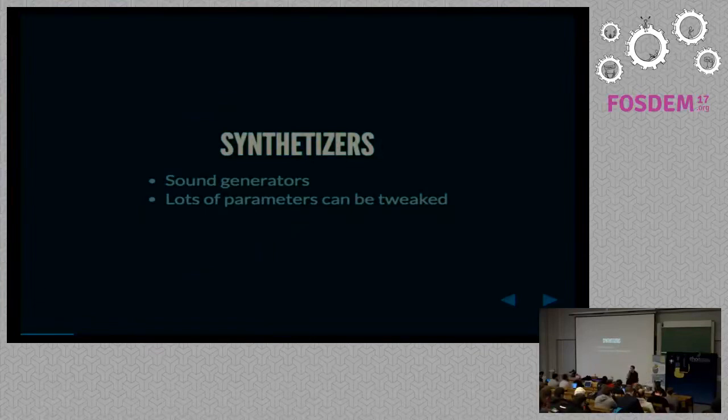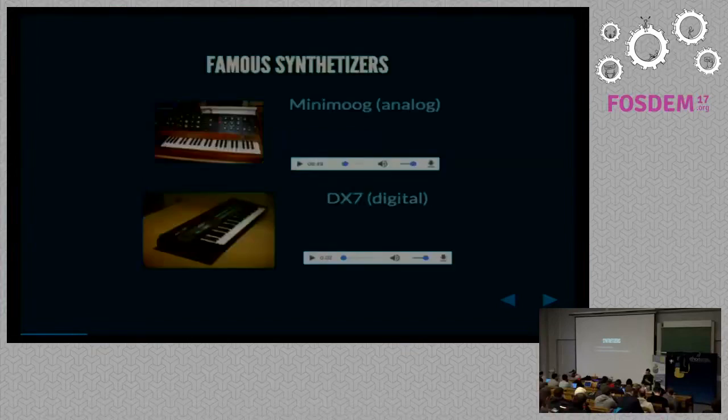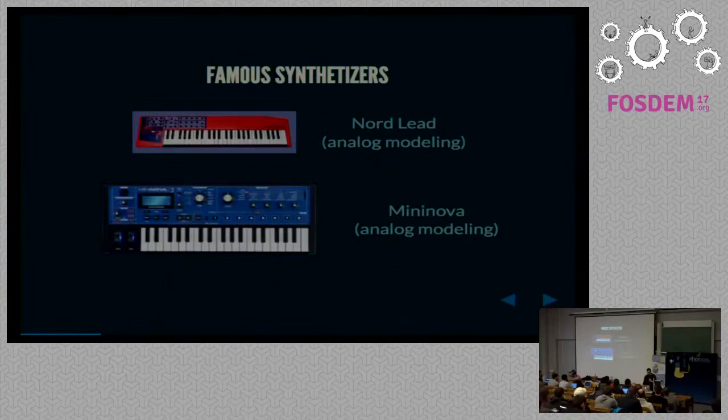Synthesizers are essentially sound generators, so it means that lots of parameters can be tweaked and automated. So this is a Mini Moog from the 70s. This is a DX7 from the 80s.